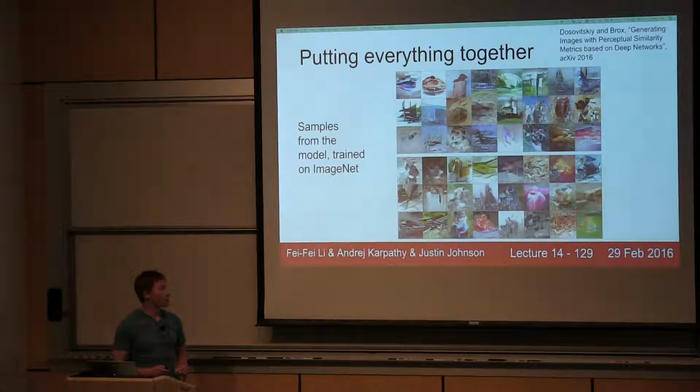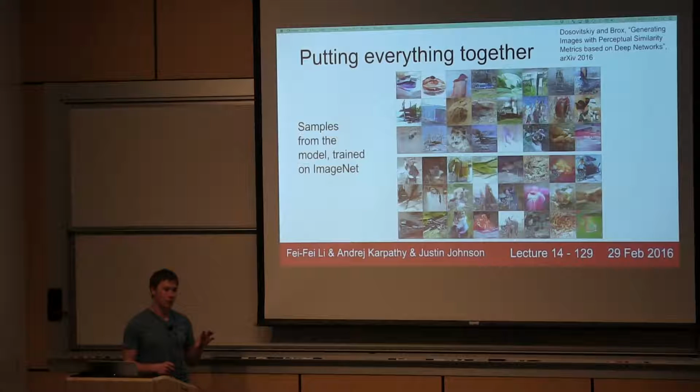So here are the examples from the paper. They just train the entire thing on ImageNet. I think these are actually quite nice samples. If you contrast this with the multi-scale samples on CIFAR that we saw before, remember, they were training a separate model per class in CIFAR.